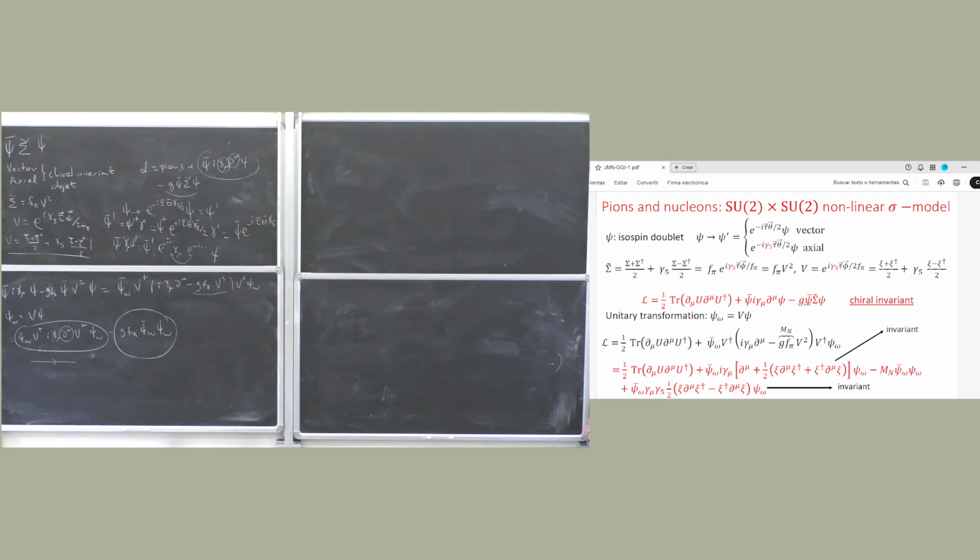And another is contracted with the axial current because you have gamma mu gamma 5, and this is chiral invariant. And then I have the nucleon mass, which is just g f pi.